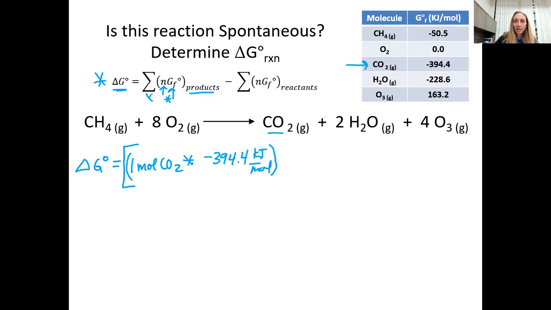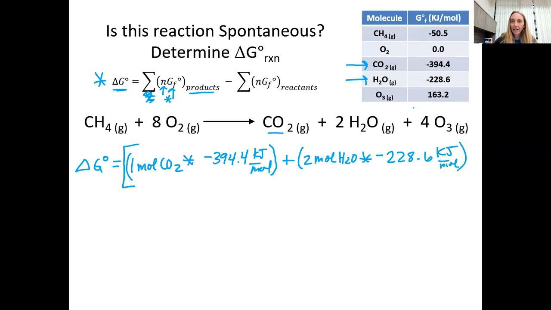Now this equation says the sum. So I'm going to add these next ones. So I have 2 moles of H2O, and I'm going to multiply that by my delta G value, or my G value, for H2O. So that's negative 228.6 kilojoules per mole.